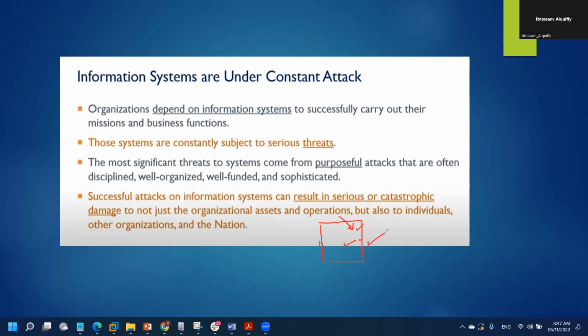That means the revenue that you used to generate will not reflect on the company or on the nation. That means they will hit the economy. And we know that when the economy is bad, it really opens the door for many other issues. So look at the big picture and keep it in your mind.